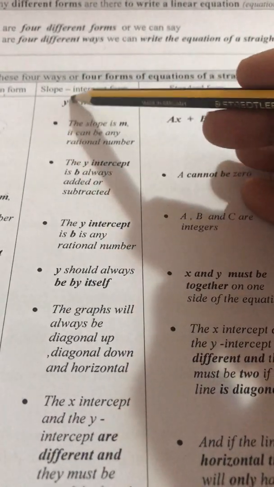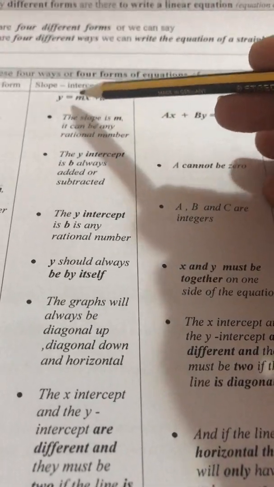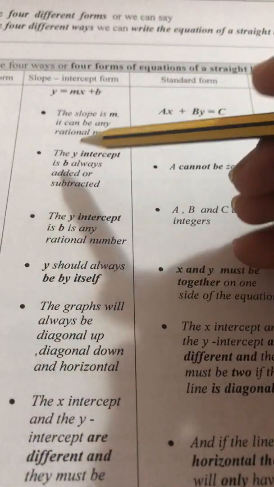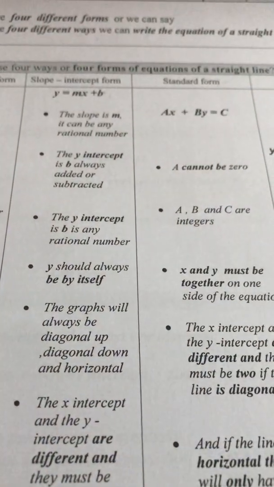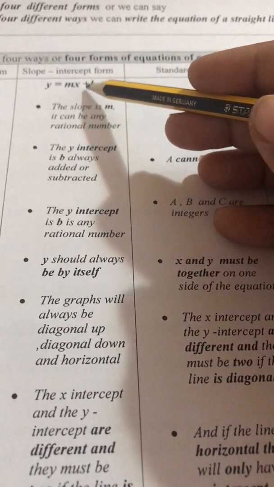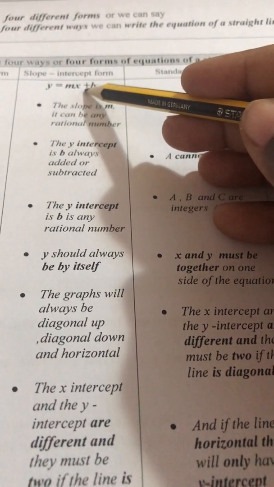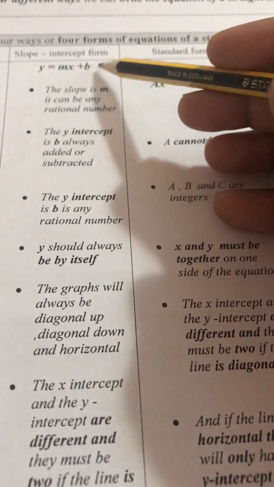Okay? Alright. So, the slope-intercept form is written as y equals mx plus b. You have noticed y should be by itself. The slope is m. M is always the slope. It can be any rational number, positive, negative, decimal, fraction. The y-intercept is b. Always. It is added or subtracted. You should write plus a number or minus a number.